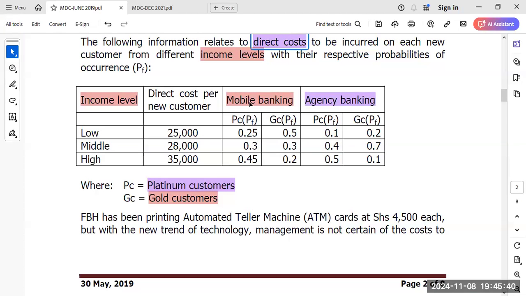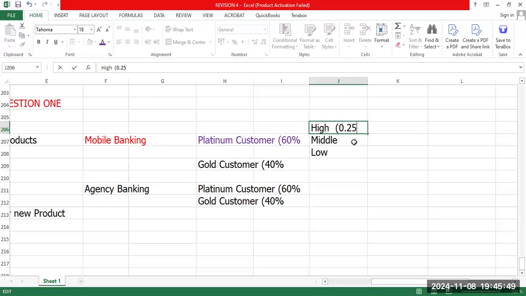We are handling mobile banking, so the probability here is 0.25. What about middle? 0.3. High is 0.45, not 0.25.